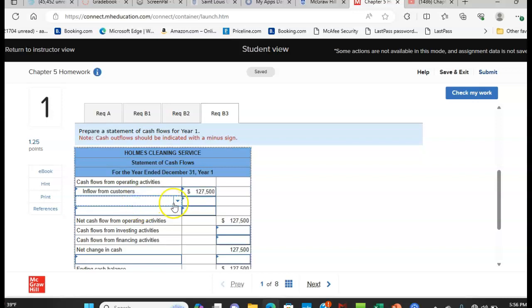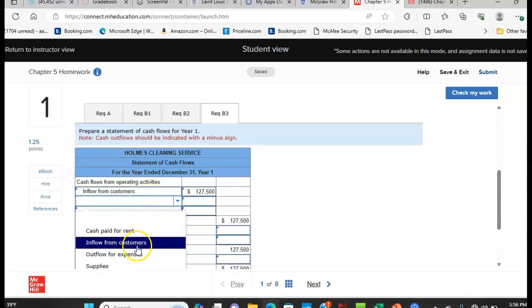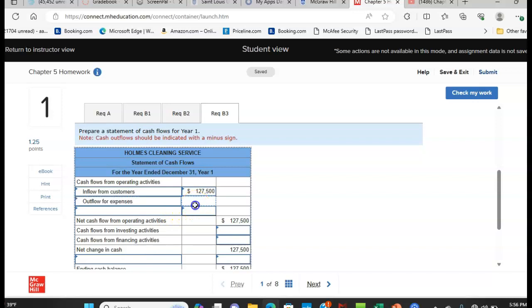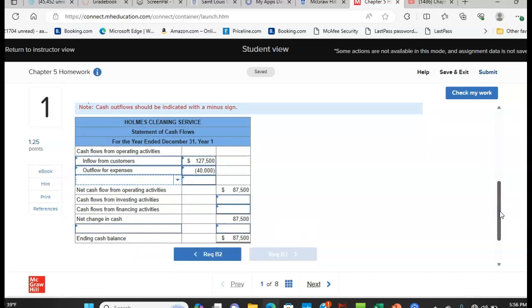And then we're going to have the outflow for expenses, and that amount was 40,000. So you see how that's shown as a positive, but there's a negative 40,000 because that was an outflow. So our net cash from operating was 87,500. We did not have any investing activities or financing activities. So our net change in cash was 87.5.